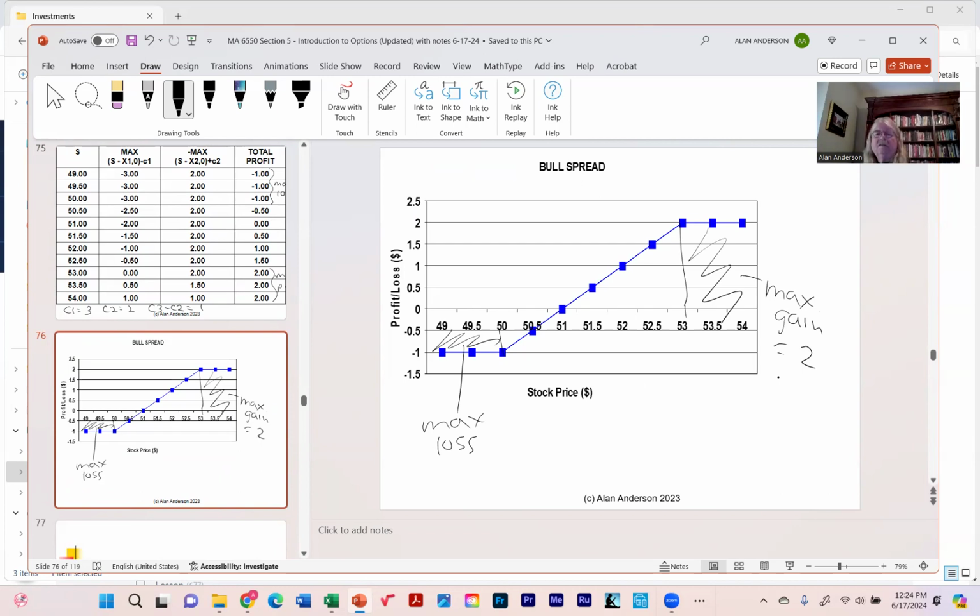Wow. And the break-even point is X plus C1 minus C2, which is 50 plus 3 minus 2, which is 51. That's our break-even.